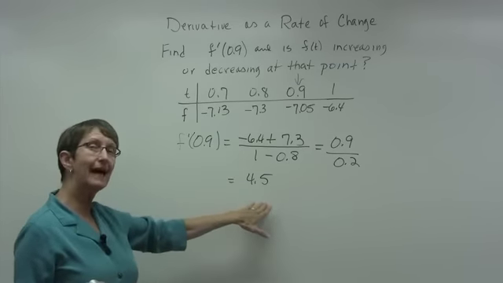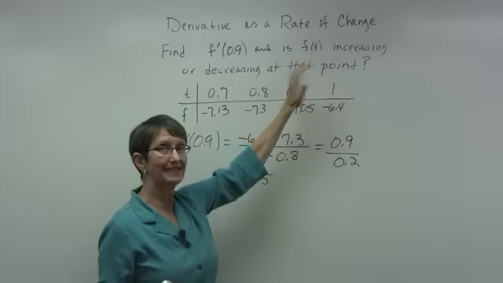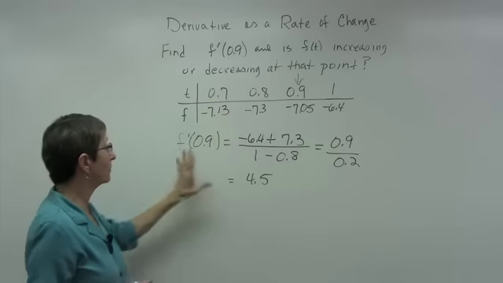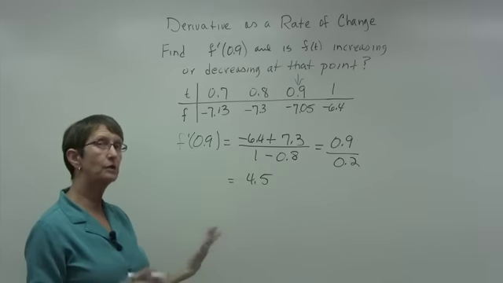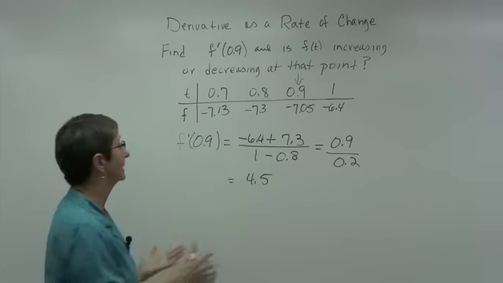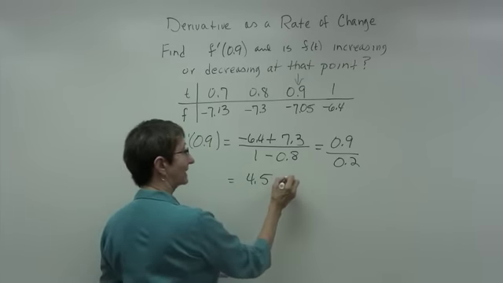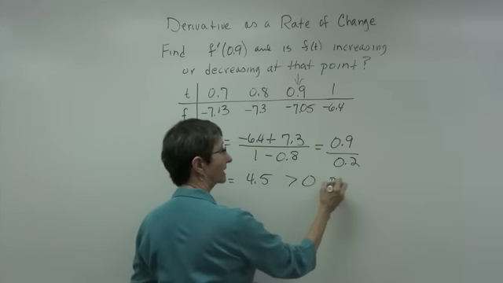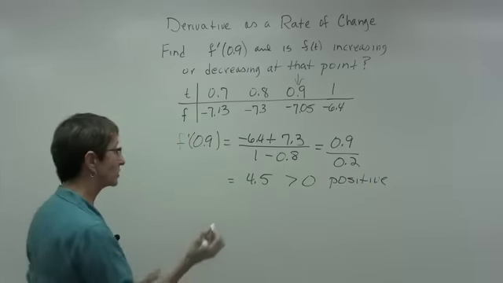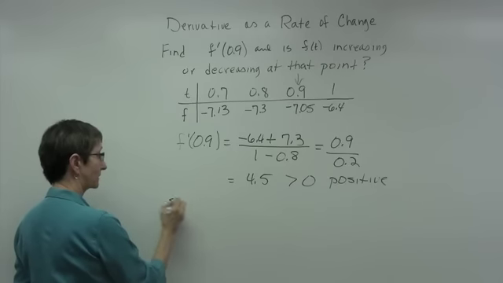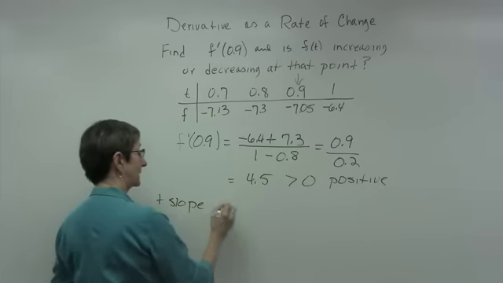Now, I need to decide if the function is increasing or decreasing. So remember, derivatives as a number tell us information about the function in words. So this number is greater than 0. It is positive. If you think about it as the slope of a tangent line, a positive slope means the line goes up.